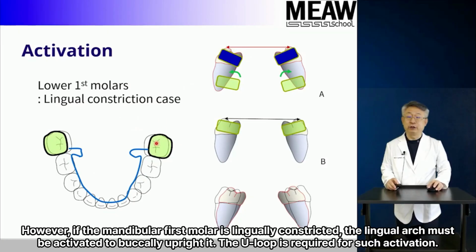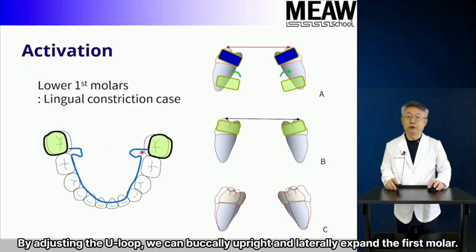However, if the mandibular first molar is lingually constricted, the lingual arch must be activated to buccally upright it. The U-loop is required for such activation. By adjusting the U-loop, we can buccally upright and laterally expand the first molar.